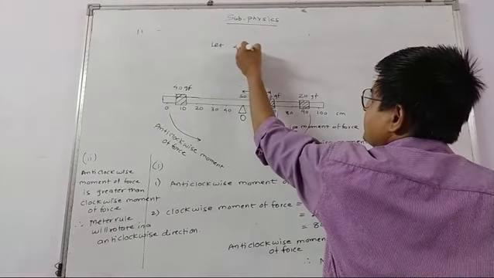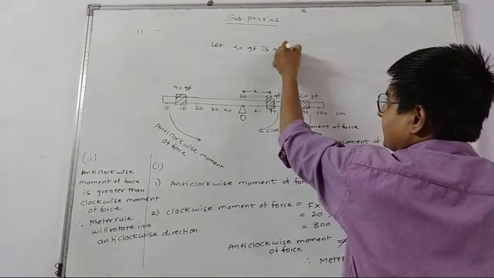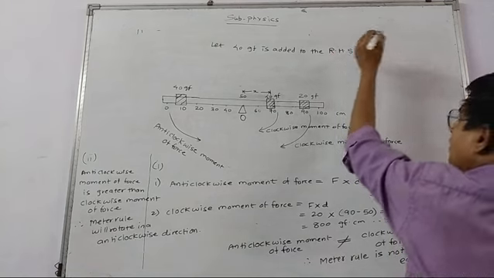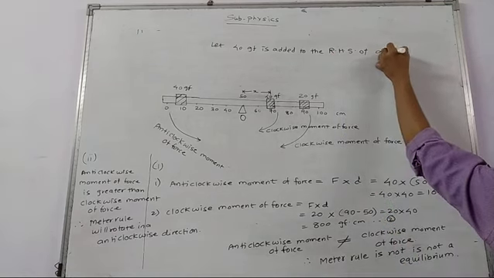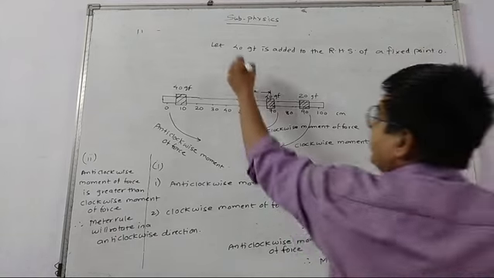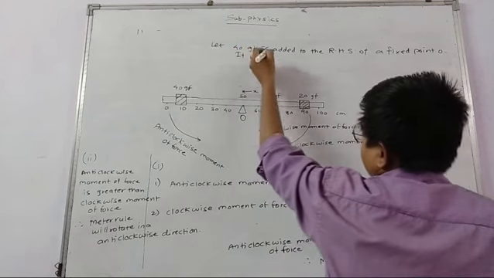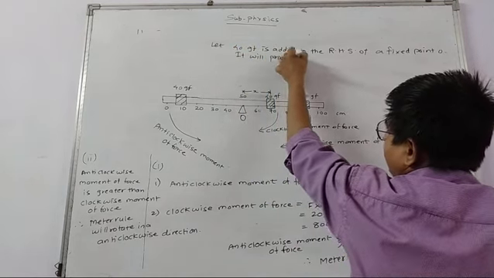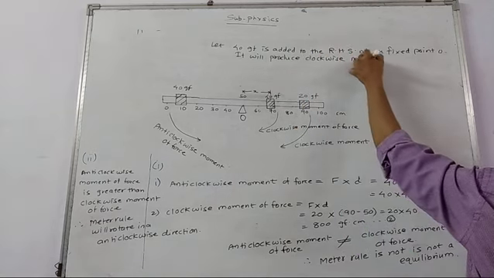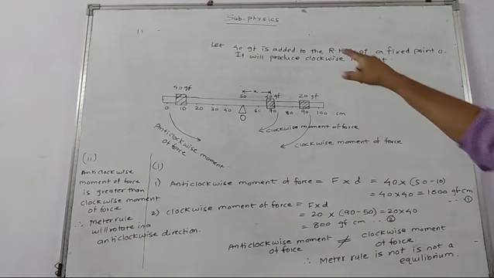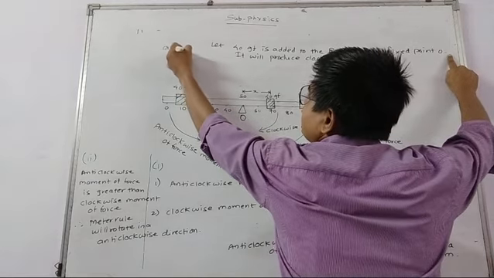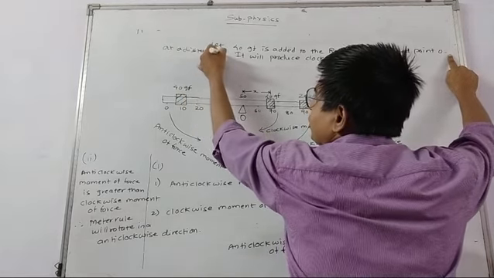Let 40 gf be added to the right-hand side of the fixed point O. It will produce a clockwise moment. So let 40 gf be added to the right-hand side of the fixed point O at a distance of x.